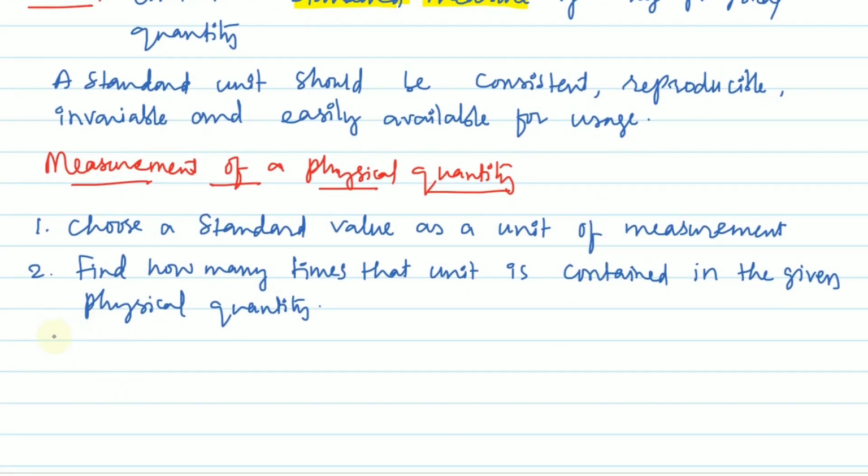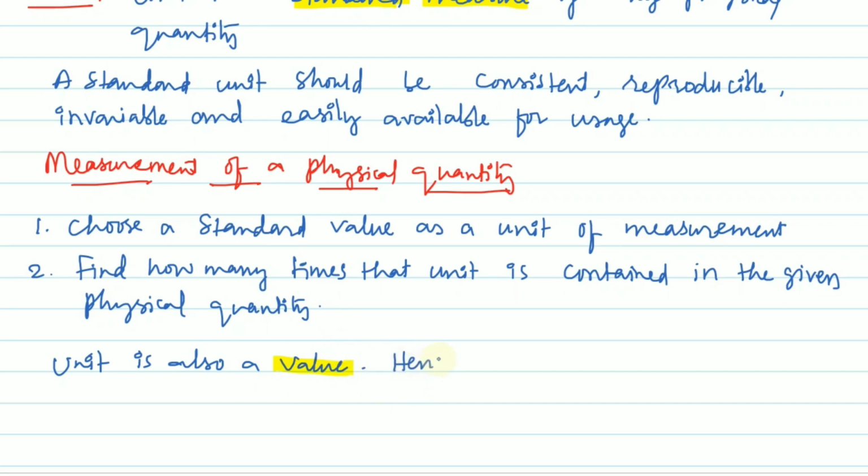So what is a unit? Unit is also a value. That is an important thing to be noted. Generally we consider unit as just a name, but actually unit is also a value.